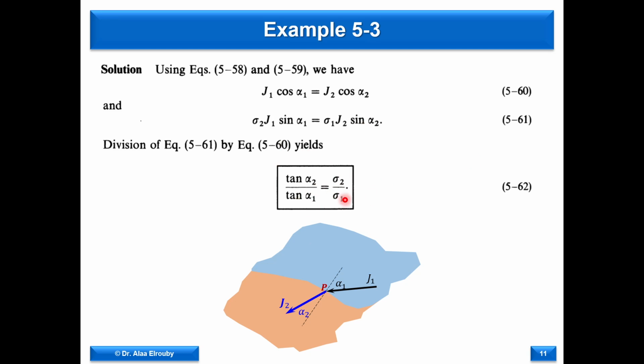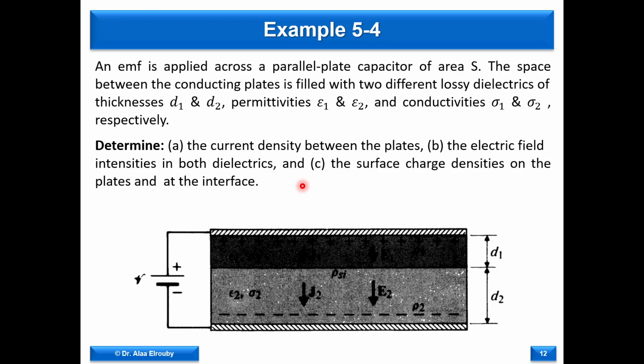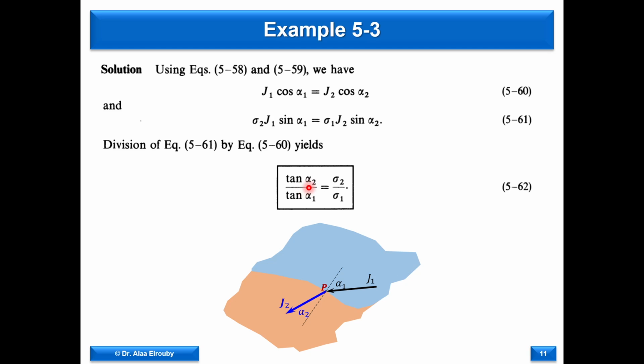Now alpha 1 is known, sigma 1 is known, sigma 2 is known, so we can find the value for alpha 2. Once we know the value for alpha 2, we can substitute in any of those two equations. There will be only one unknown, which is J2, and we can get J2.